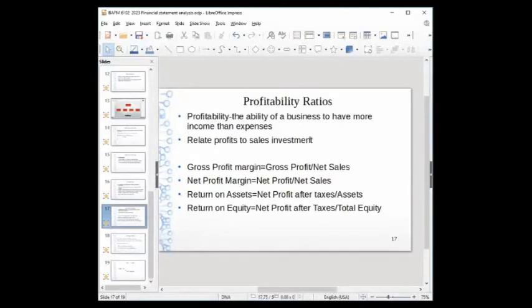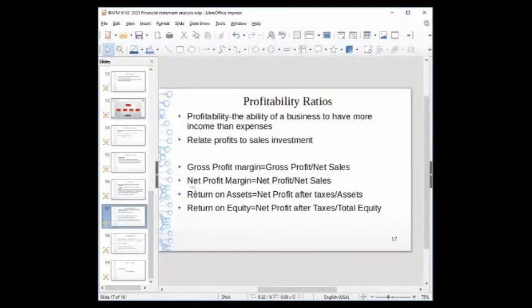Profitability ratio is the ability of a business to have more income than expenses. So this relates profits to sales and investment. To compute the profitability ratio, you can use the gross profit margin, which is calculated using the gross profit divided by the net sales.